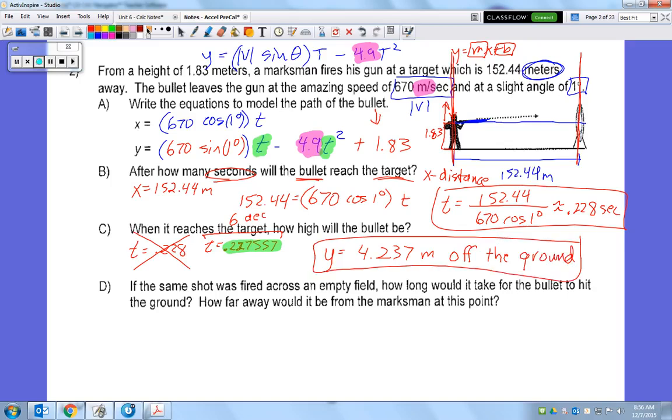Okay? If the same shot was fired across an empty field, how long would it take for the bullet to hit the ground? So it's basically saying when the bullet hits the ground, y is going to be equal to 0. Because if the bullet only returns back to where it came from, if it has this parabola and it stopped here at the initial height, it would be 1.83.